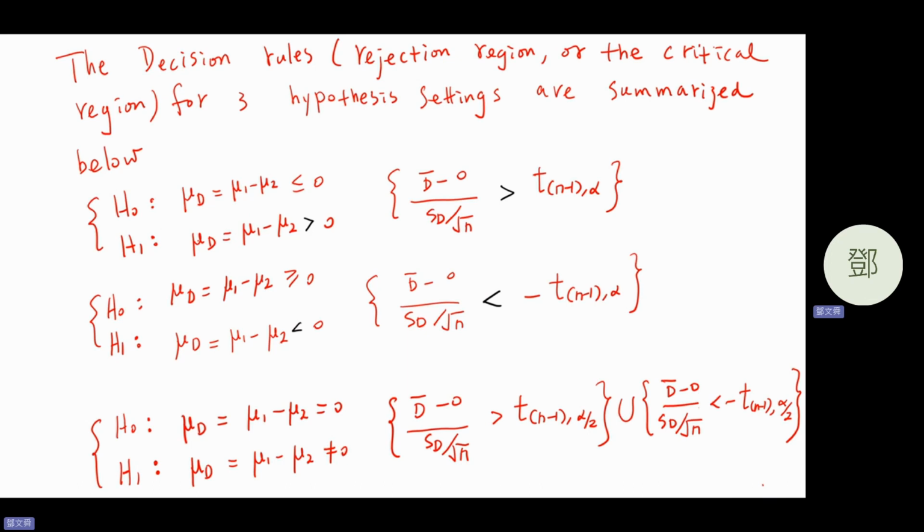But in the null hypothesis, mu d is assumed to be 0, so we put 0 here.